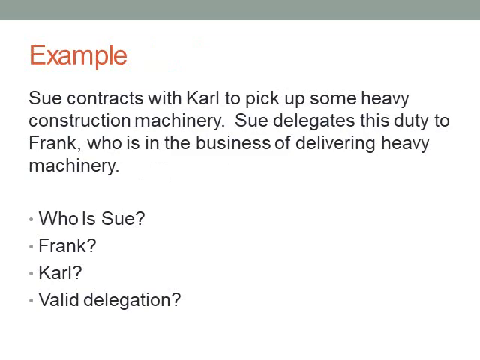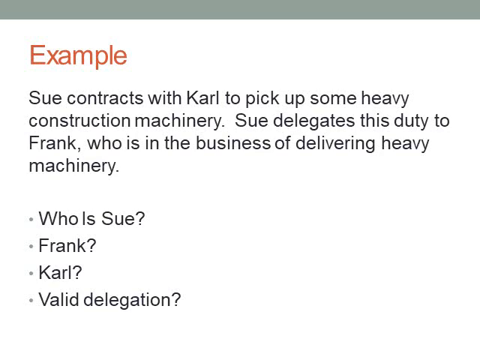Sue contracts with Karl to pick up some heavy construction machinery. Sue delegates this duty to Frank, who is in the business of delivering heavy machinery. So, who is Sue? Sue's our obligor. Frank is the delegate, since Sue delegates this duty to him.